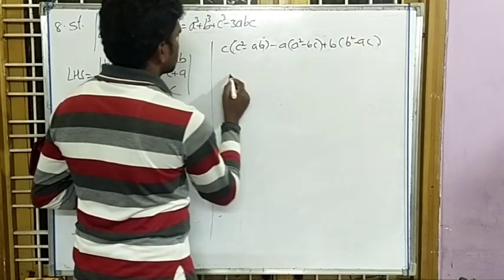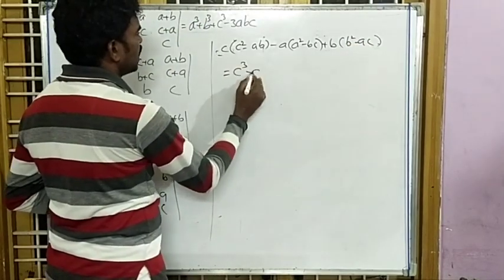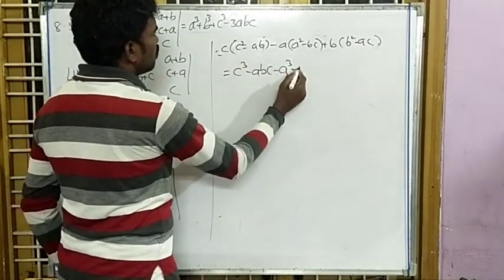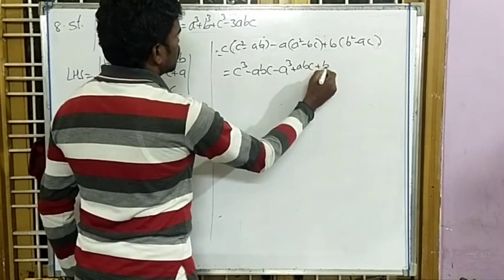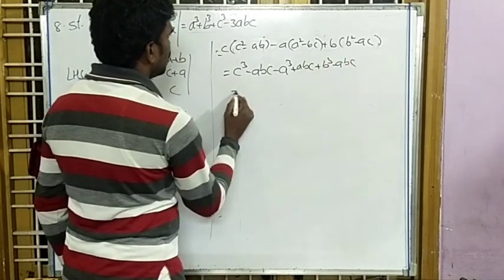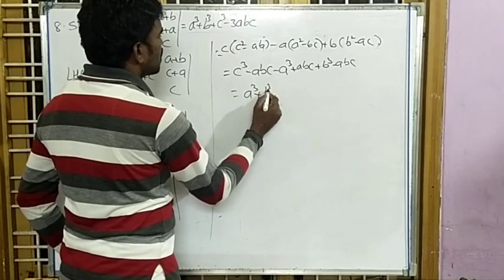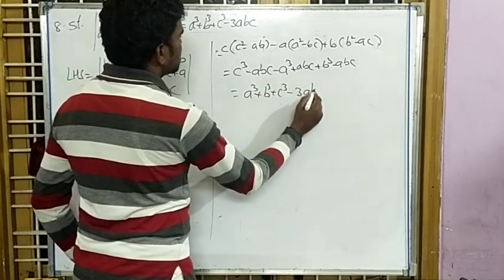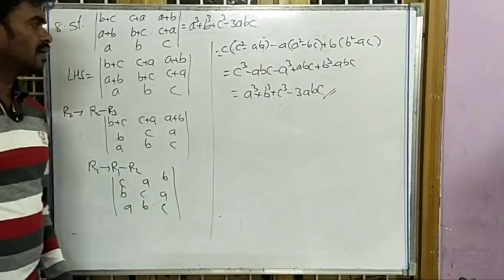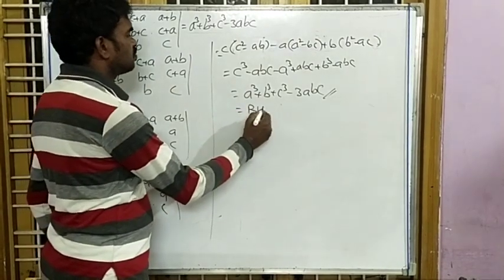So c cube minus abc minus a cube plus abc plus b cube minus abc. So a cube plus b cube plus c cube minus 3abc is the answer. Yeah, it's called RHS, hence proved.